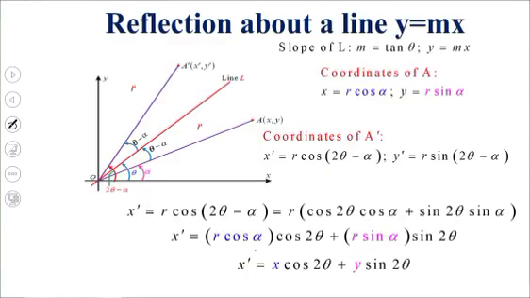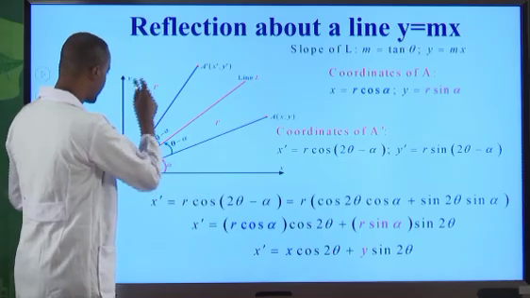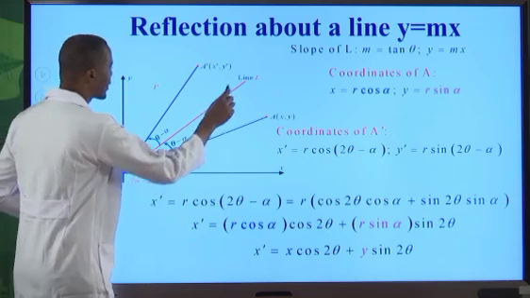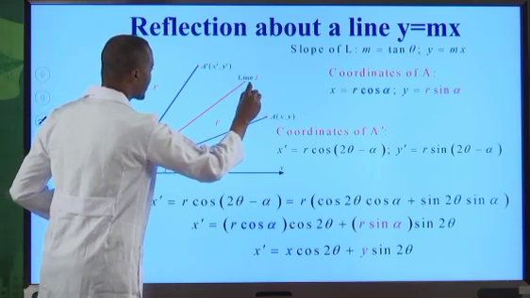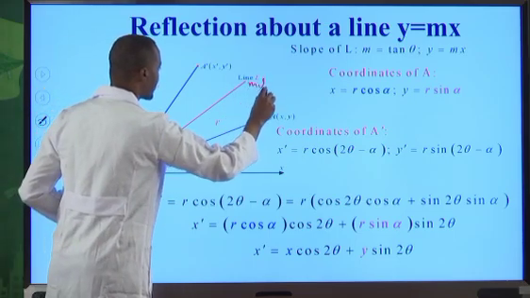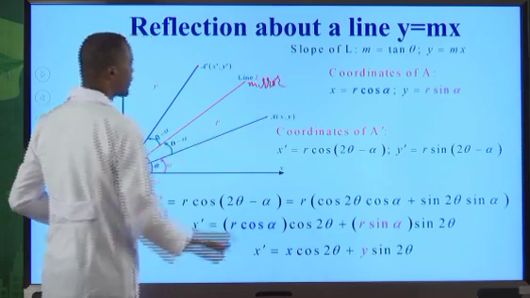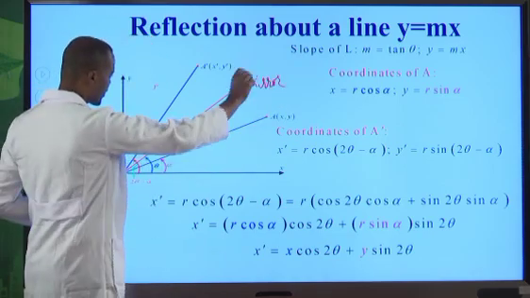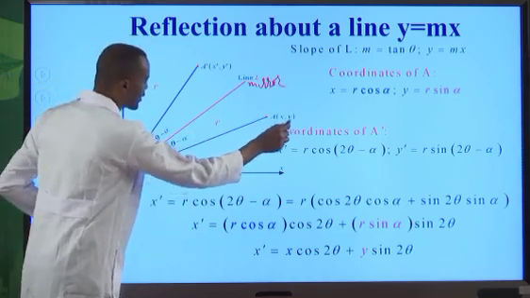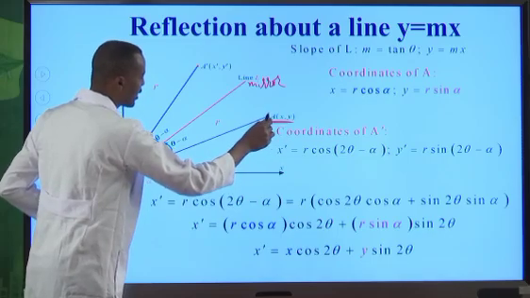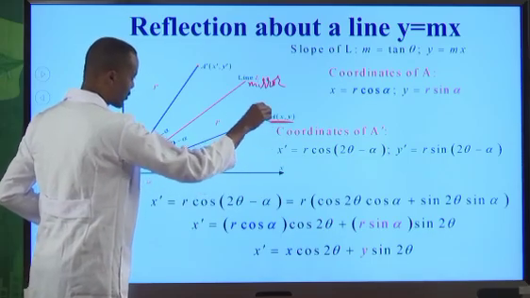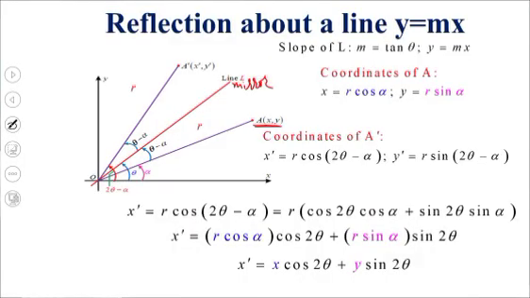Here are some formulations. For example, if we have the x-axis and y-axis, this is our line. This line L is acting as a mirror line. With the help of this mirror line, I have one point that is the object A of x, y, that is my object point, and this is my image.